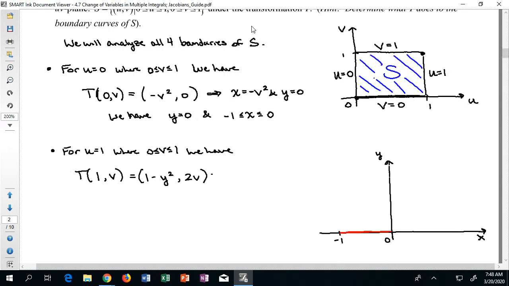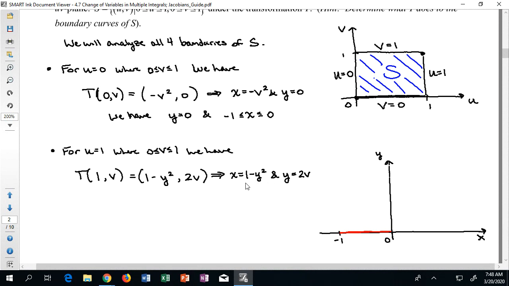All right, so let's see. This tells me that x is equal to 1 minus a y squared, and I know that y here is equal to 2v. So I can see that one of these formulas has no u's and v's in it at all, and another one does.